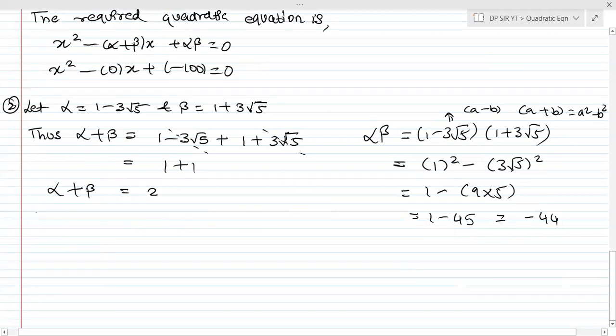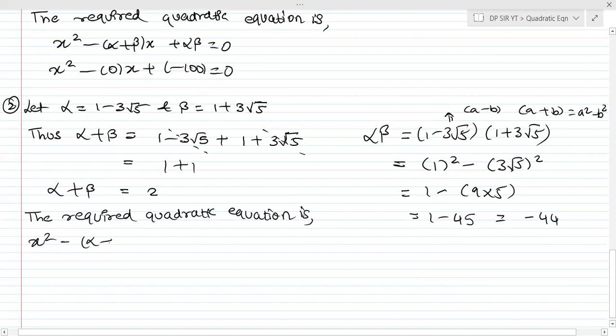Thus required quadratic equation is, what is it? क्या आएगा फॉर्मूला? एक्स स्क्वायर माइनस अल्फा प्लस बीटा एक्स प्लस अल्फा बीटा इज इक्वल टू जीरो.